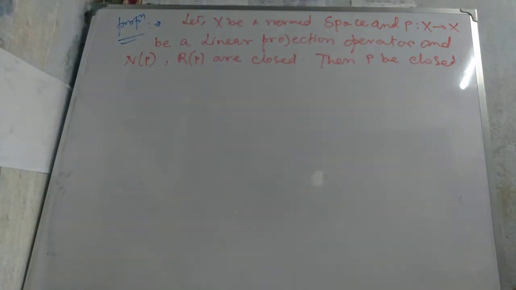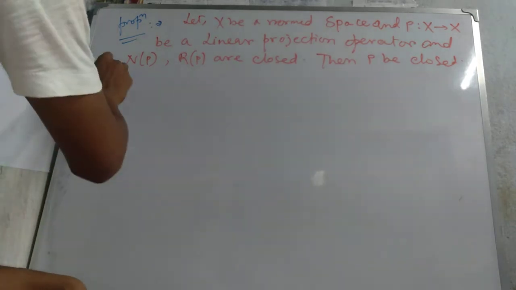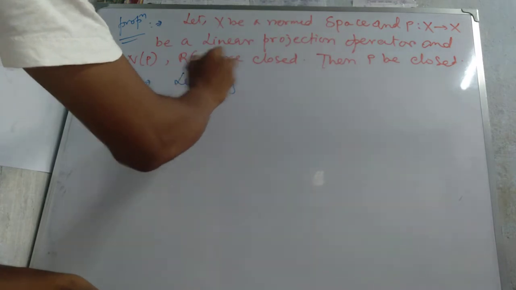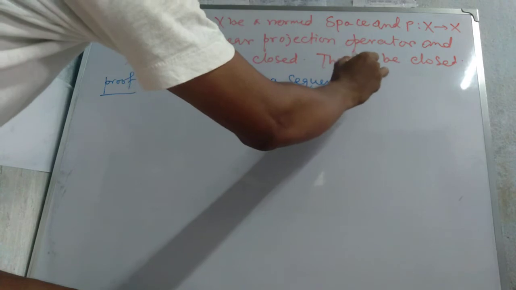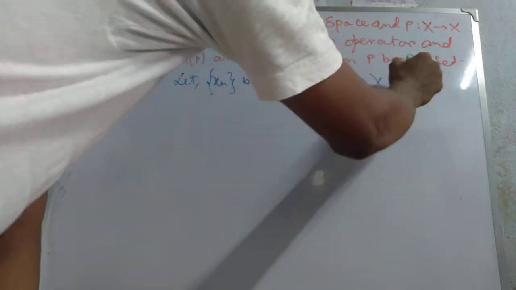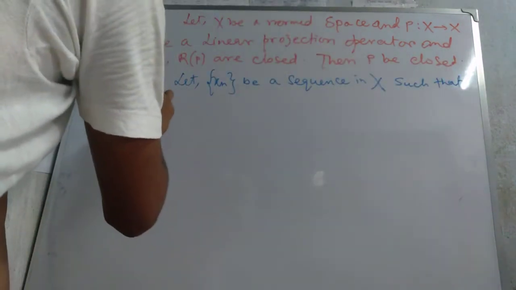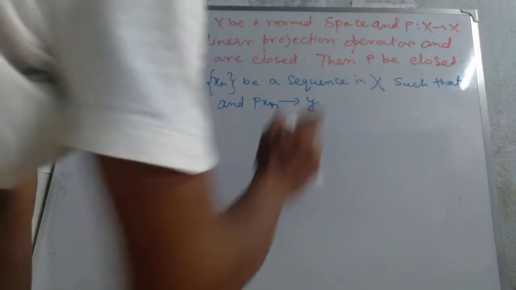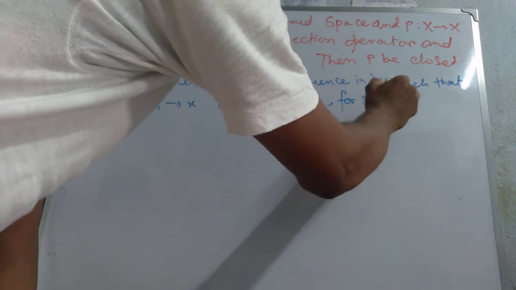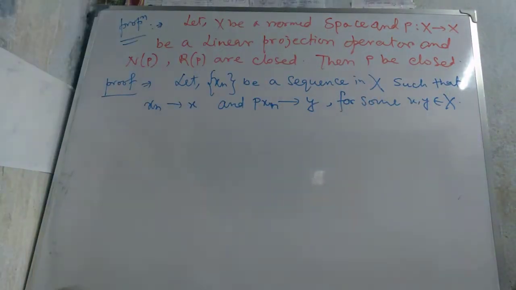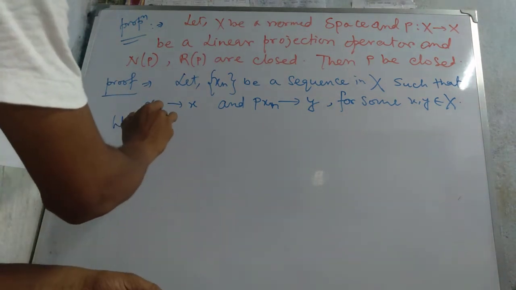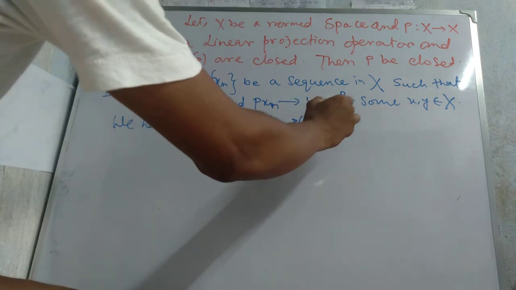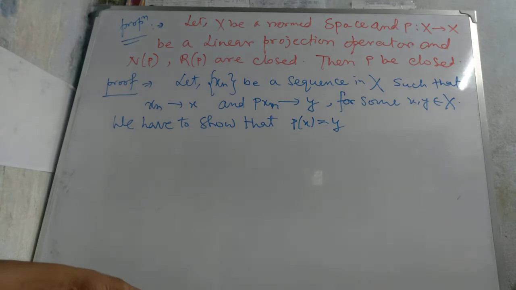How do we discuss this problem? We first start the proof. Let xn be a sequence in X such that xn tends to x, and Pxn tends to y. We have to show that Px equals y.